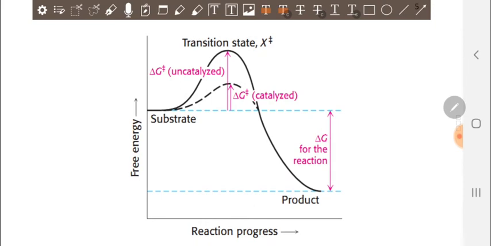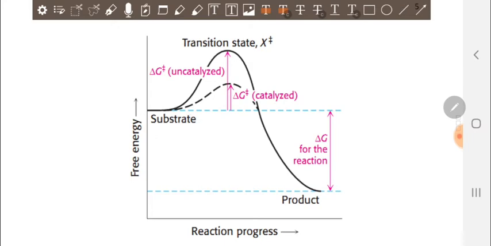Next, coming to the energetics of enzyme kinetics, or enzyme catalysis. The dashed line represents the enzymatic reaction, and the straight line, without any breaks, represents the formation of substrate to a transition state and a product.